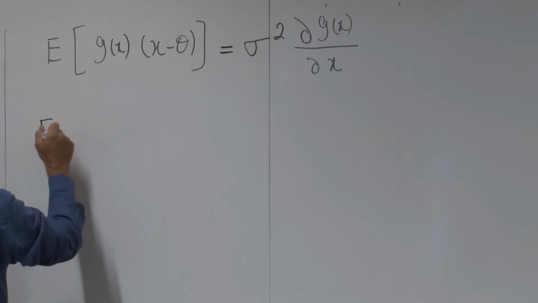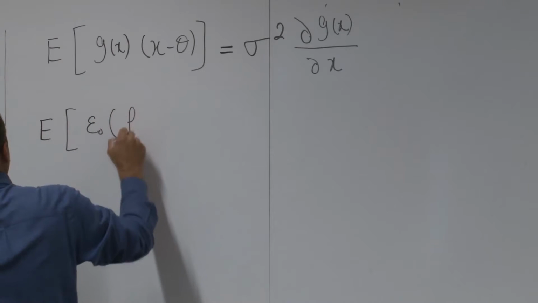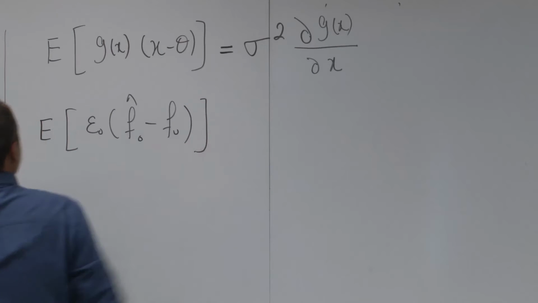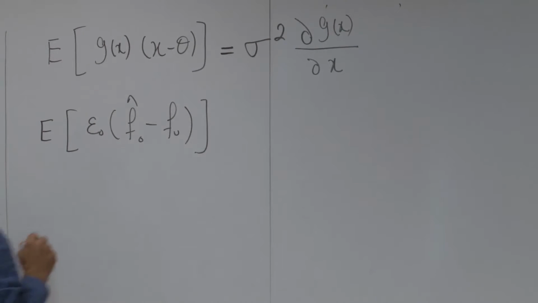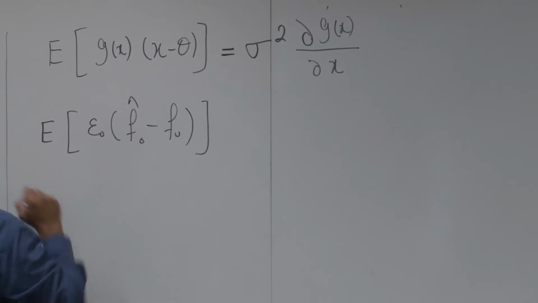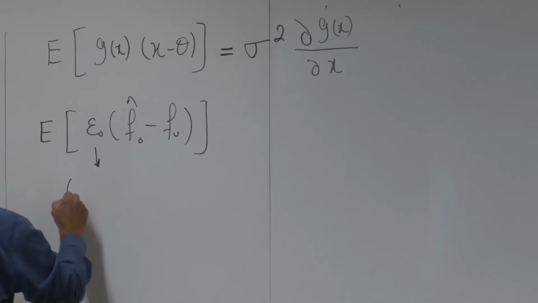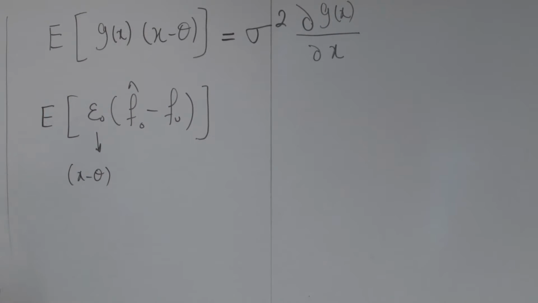Let's apply this to our problem. Our problem is the expectation of epsilon times (f hat minus f null). So x here comes from N(theta, sigma squared). Our epsilon comes from N(0, sigma squared). So this is like x minus theta, right? Because theta is 0.